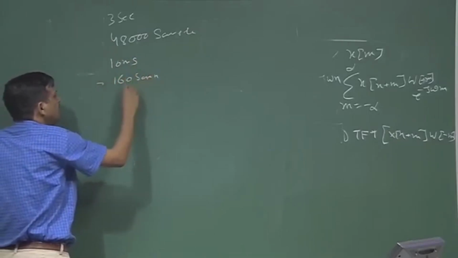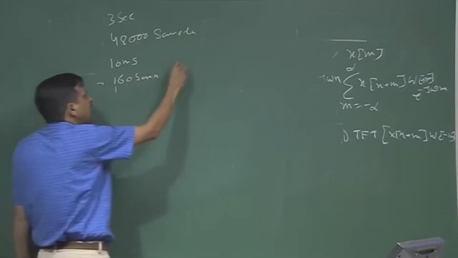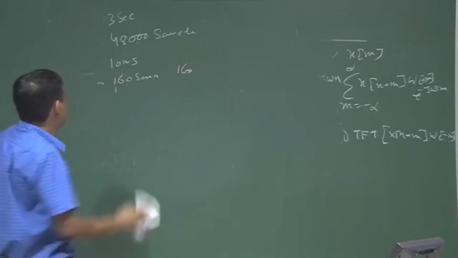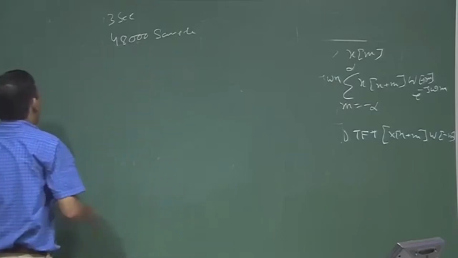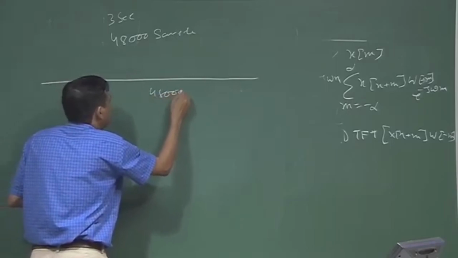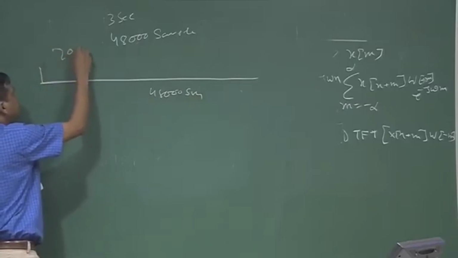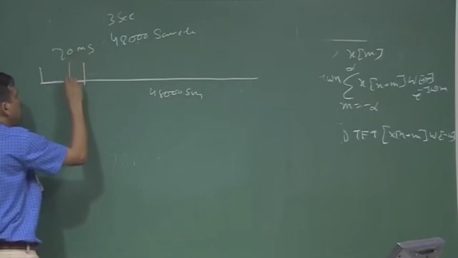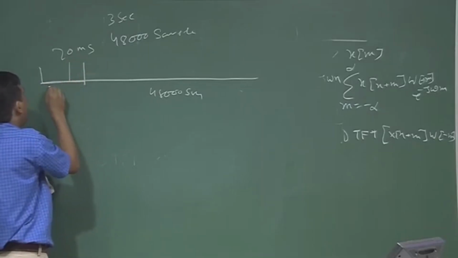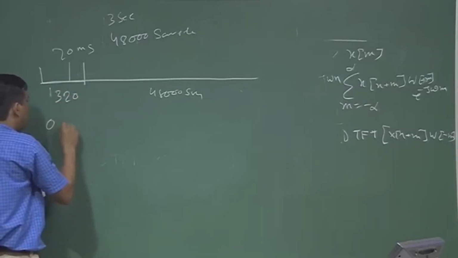I take 160 samples and do the DFT, then take the next 160 samples and do the DFT. Actually, since there is a cutting effect, if I have a long signal of 48000 samples, I take a window size of 20 millisecond and shift the window by 10 millisecond, that means 100 frames per second. First I take 320 samples, from 0 to 320.